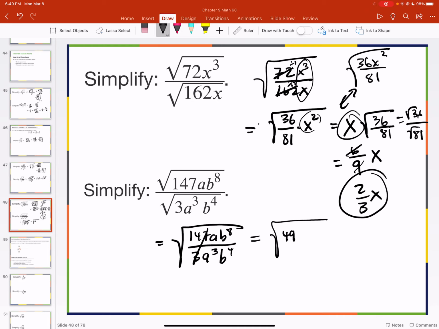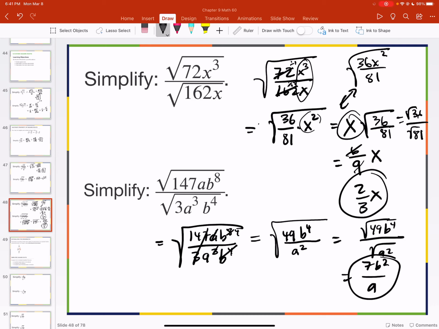And then here, a to the first power over a cubed: 3 minus 1 is 2, but it stays in the denominator, so you can write it as a squared. And then b to the 8th over b to the 4th: 8 minus 4 is 4, and it stays in the numerator because that's where the largest exponent is. So this is just square root of 49 b to the 4th power over square root of a squared. That's just going to be 7b squared over a. And that's it.